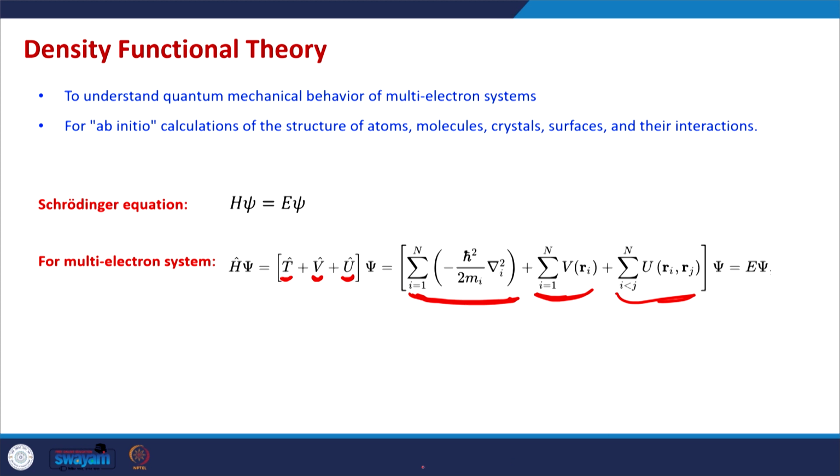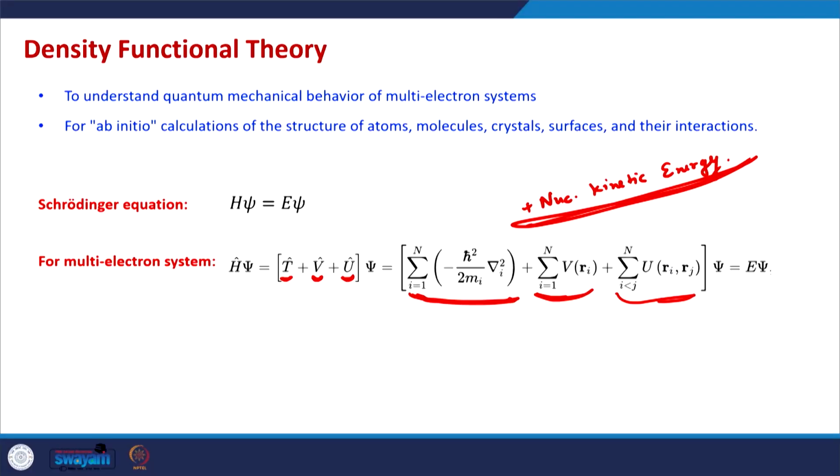So this is the scenario in a multi-electron system. In the total energy there is also a nuclear kinetic energy term, but since the various nuclei in a system are almost fixed, because the mass of the nucleus is extremely large compared to the mass of electrons, they do not basically move.